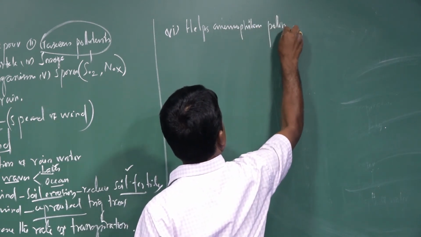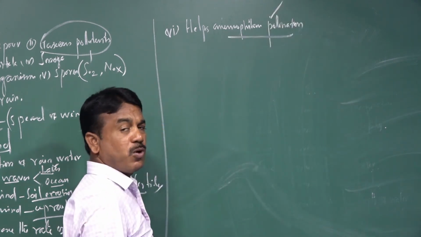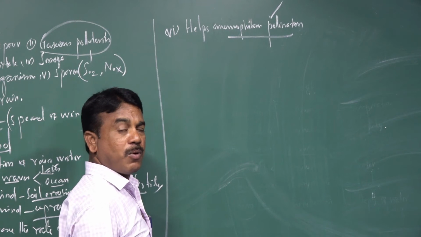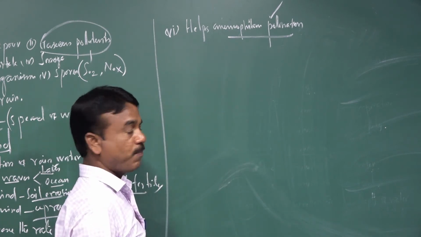What is that? The wind is also helping anemophilous pollination. What is pollination? Pollination which takes place with the help of wind is commonly called anemophilous pollination.